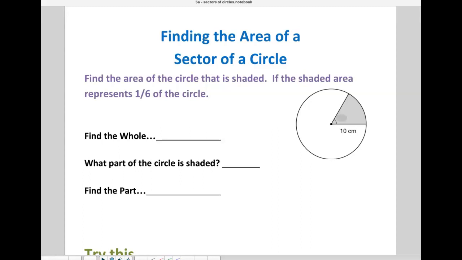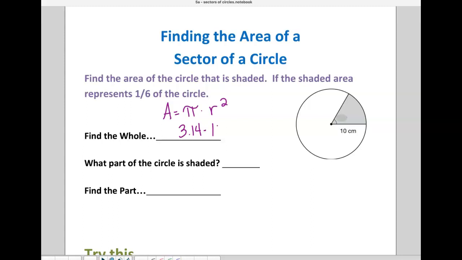How do we find area of a circle? What's the formula for area of a circle? Pi times r squared. So 3.14, what's the radius of this circle? Layla, what's the radius? 10.